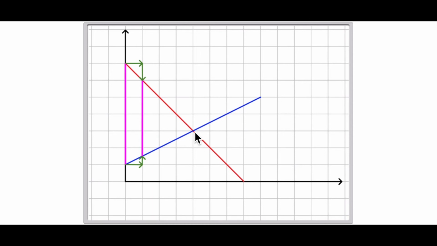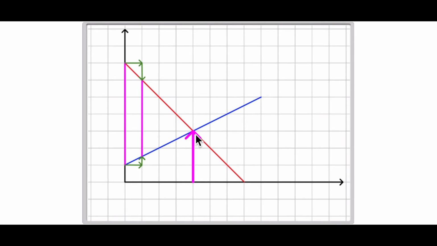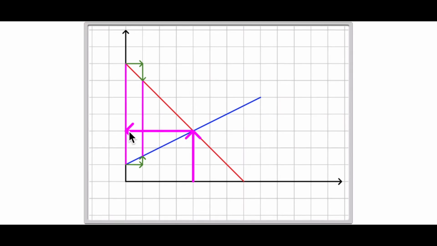So they meet out here at 4 units along the x-axis. And to figure out the value along the y-axis, just use this coordinate and use the graph, or use either one of these 2 equations and this value of x, and you can figure out the value of y.